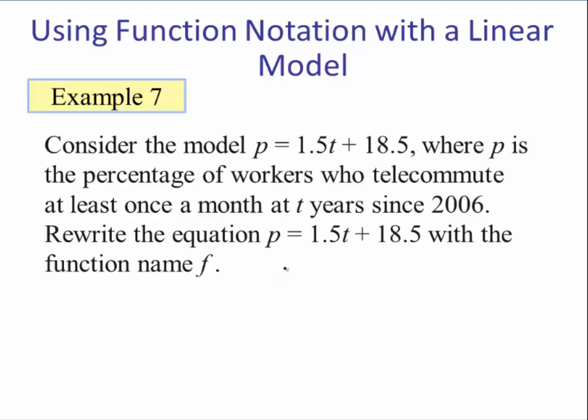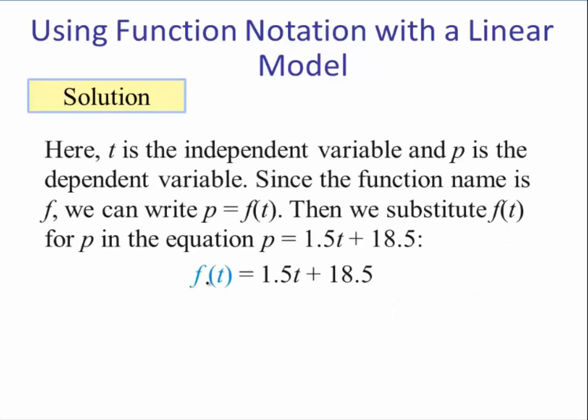So in this case, t is our independent variable. t will be the input. In this case, p is the output. But instead of putting p, we're going to use the function name f. So this would be f of t. So the equation would become f of t equals 1.5t plus 18.5.